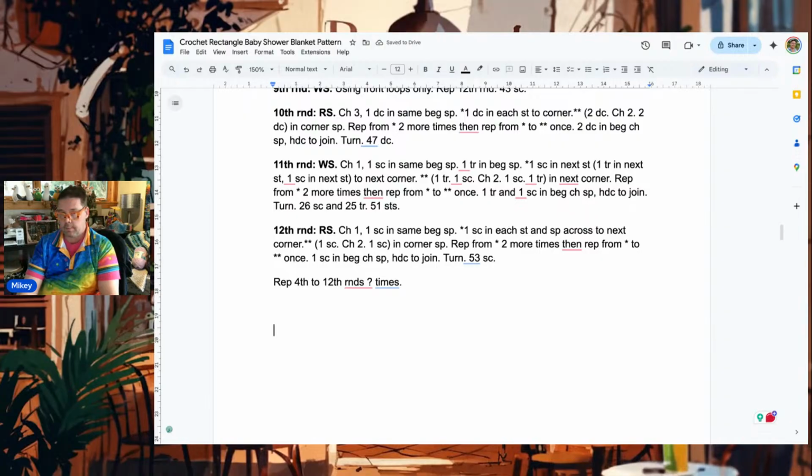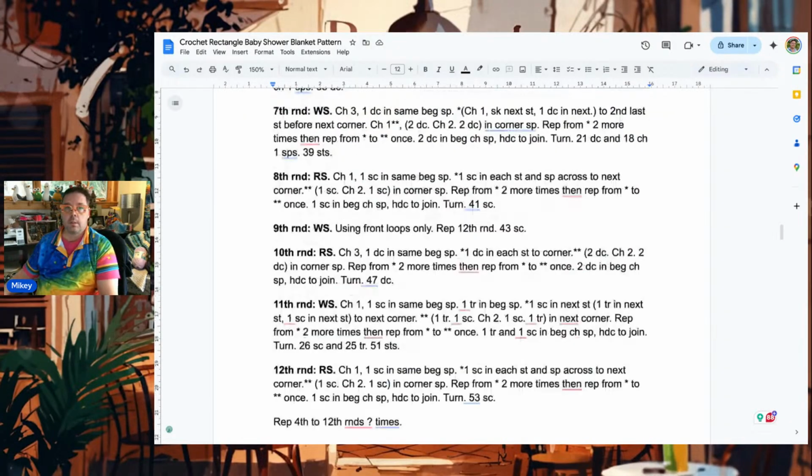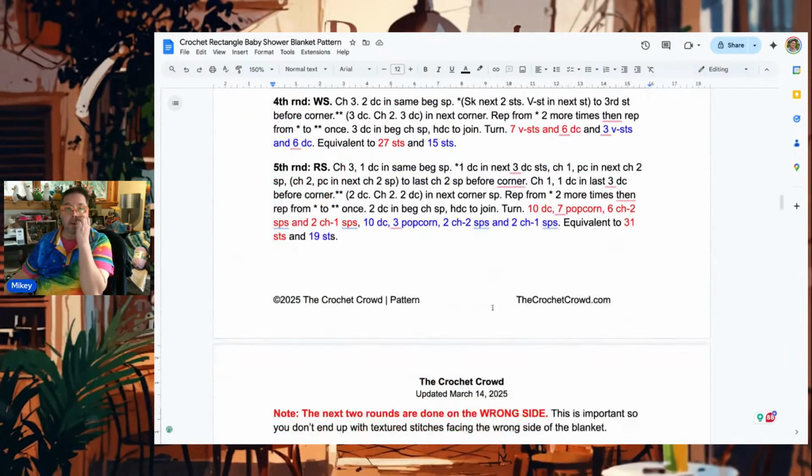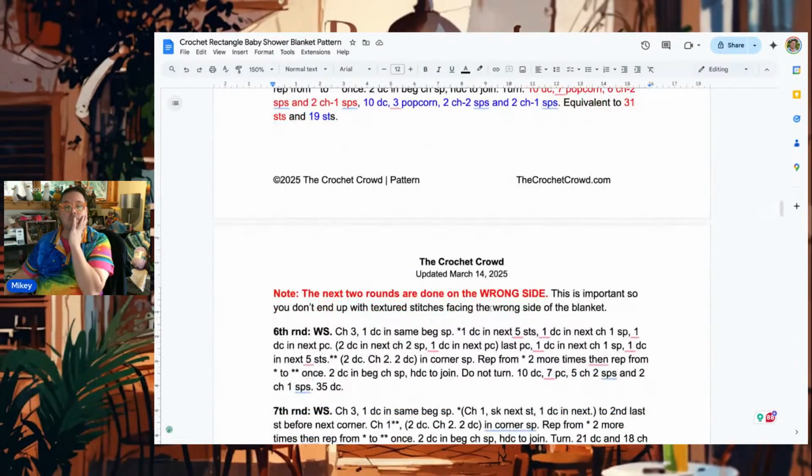So here's where the stitch counts are going to go into play. So let's just get the stitch counts corrected here. So 6th round. So once we can get this done, it'll be good, pretty easy. Let me get my 6th round. Oh shit.